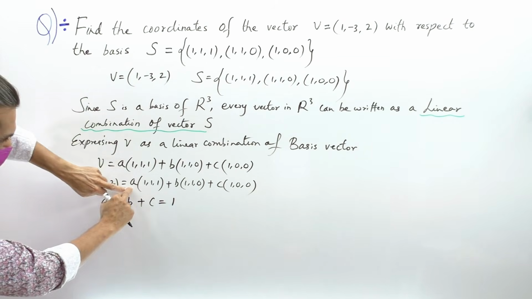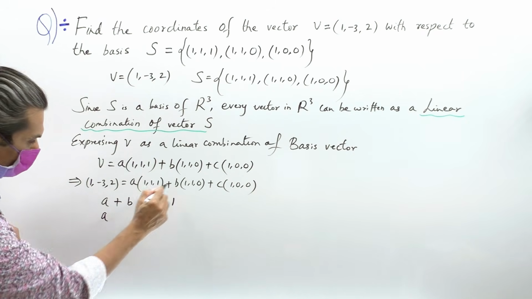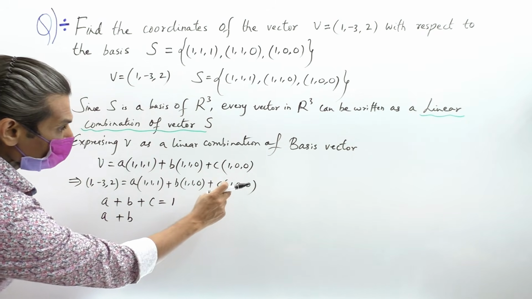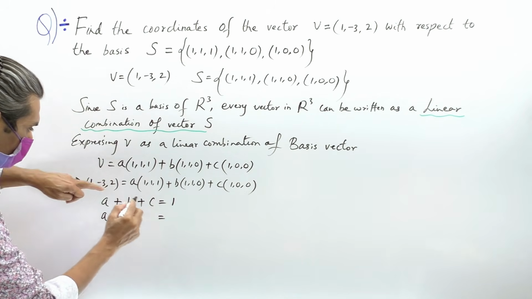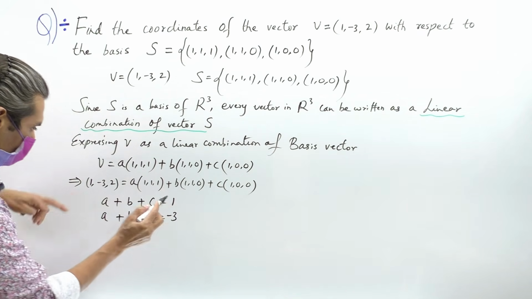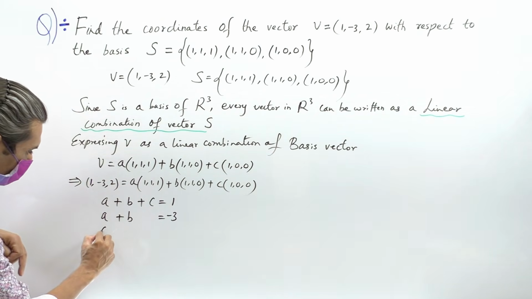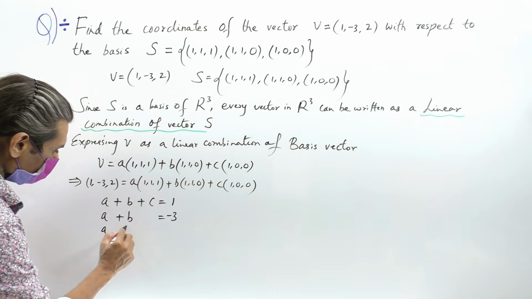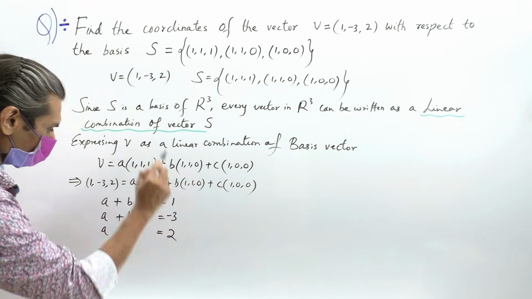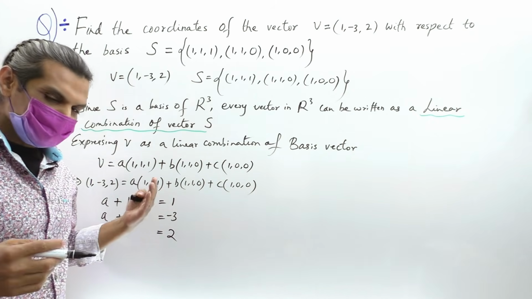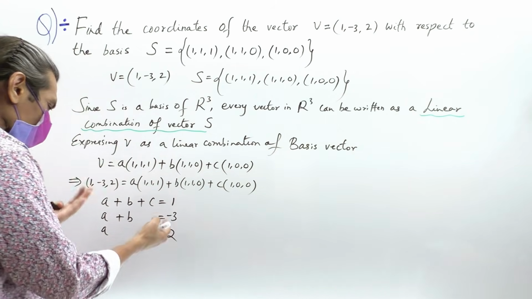Then second, a plus b plus c into 0 is equal to minus 3. And lastly, a into 1 is a, plus b into 0, c into 0, is equal to 2.